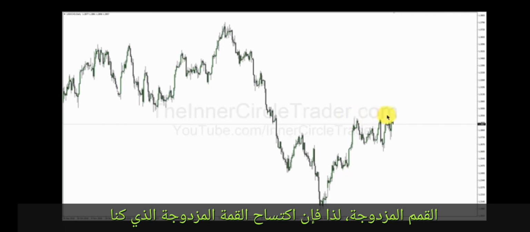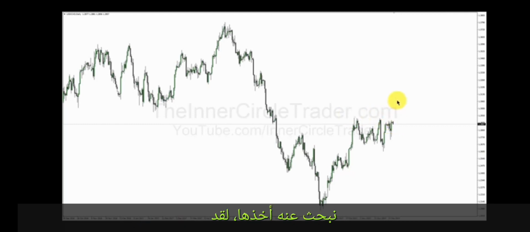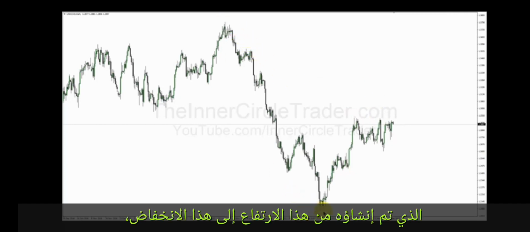A double top sweep, we would look for that to occur. We've already had a double bottom swept here and then rejection. So we would be anticipating a movement higher to clear out the liquidity above these equal highs and maybe make an attempt to go a little bit higher up from the range that's created from this high to this low.